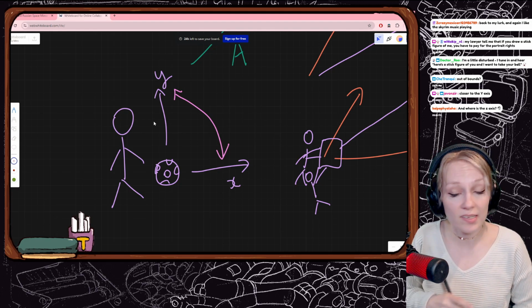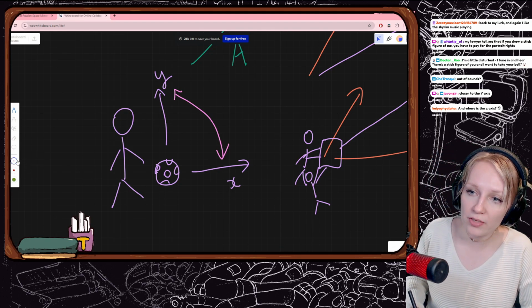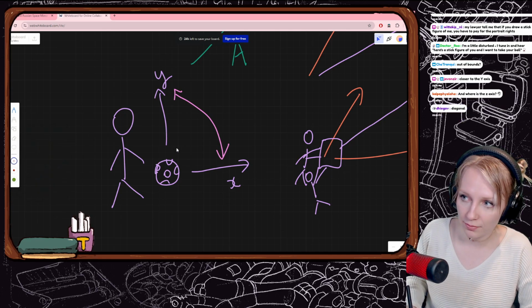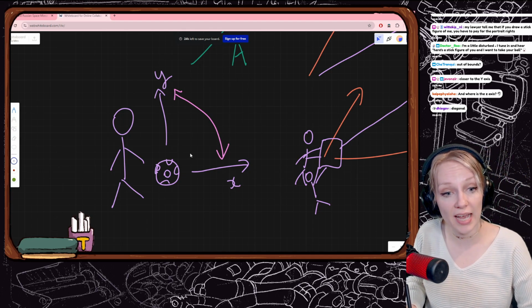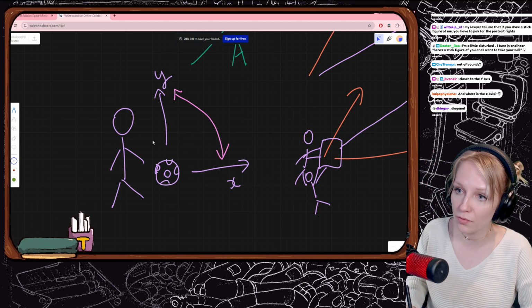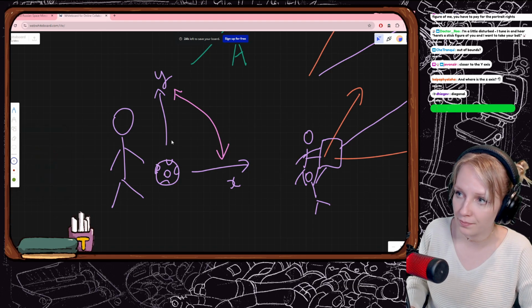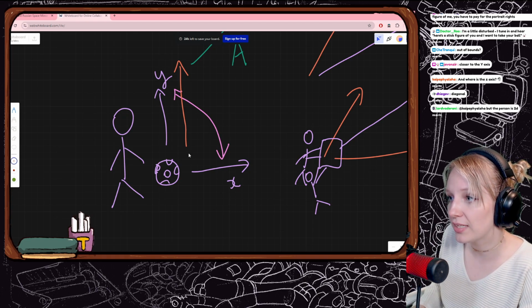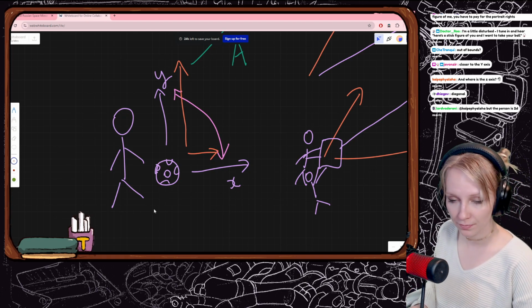Closer to the Y-axis, exactly, Zir. So the way you'd actually kick the ball then would be closer to the Y and increase the angle. So you want a higher angle here. So for example, I'll draw it here. Your vector in the Y direction would be really, really large, while your vector in the X would be small.